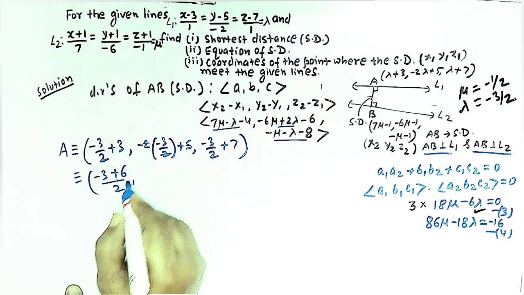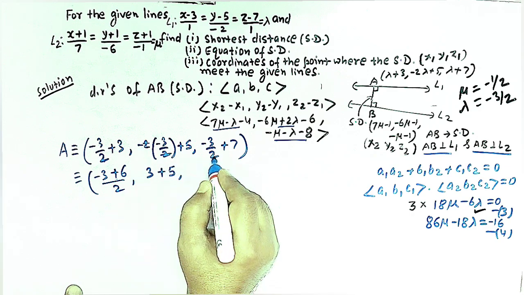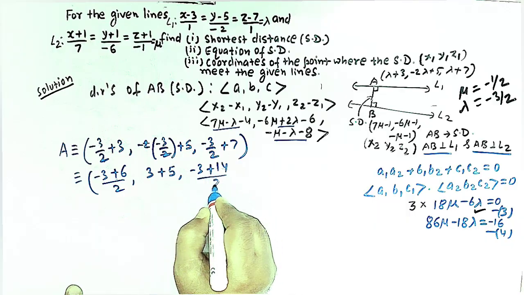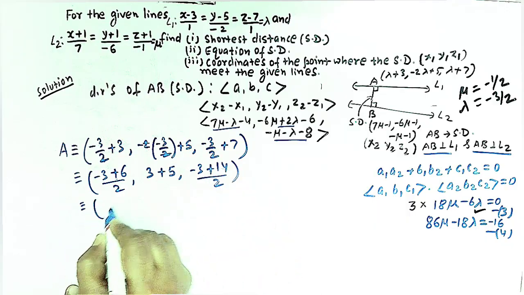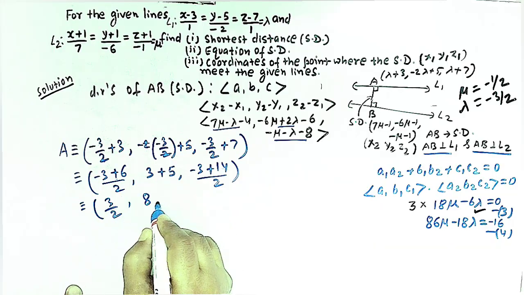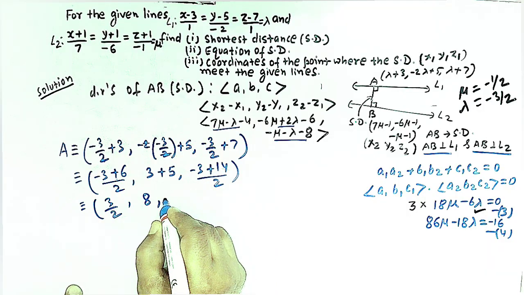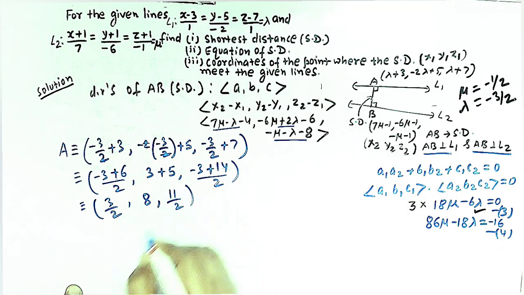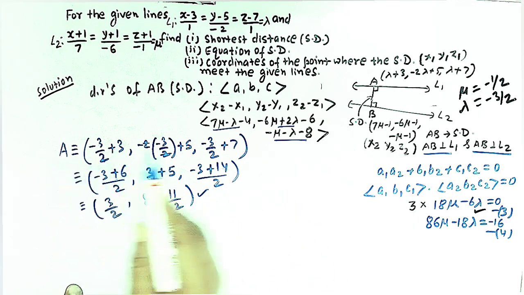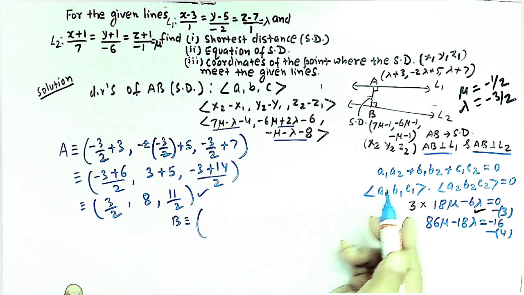Here 2 and 2 get cancelled, and this is plus 3, and here we have plus 5, and here we have minus 3 plus 14 over 2. So we have now 6 minus 3 is 3, that is 3 over 2, this is 8, and here 14 minus 3 is 11. So we have 11 over 2. So these are the coordinates of the point A.